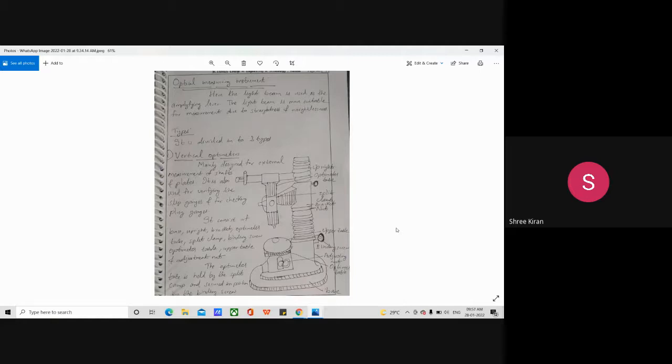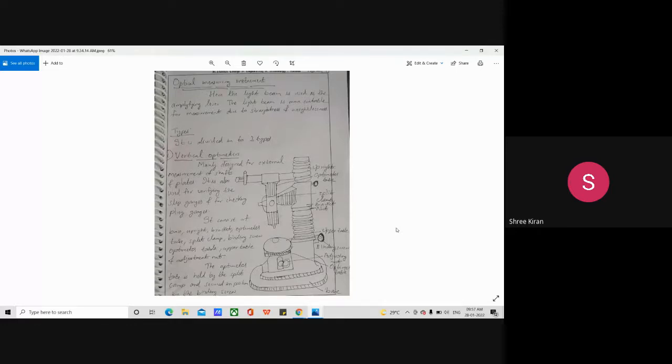These are the main parts in the construction of a normal vertical optimeter. Since it is designed for external measurements of shafts and plates, in special cases it may be used for verifying the slip gauges and checking the plug gauges.